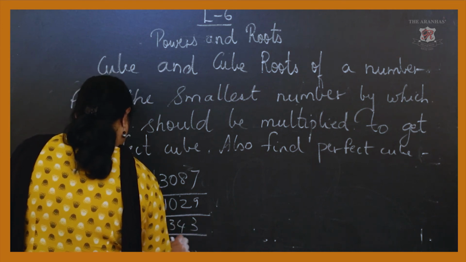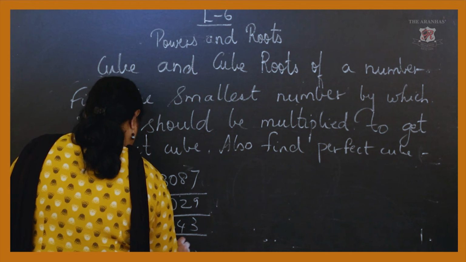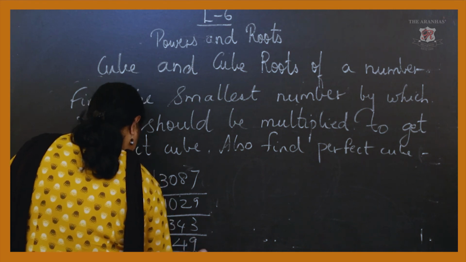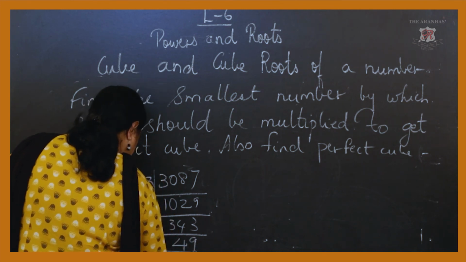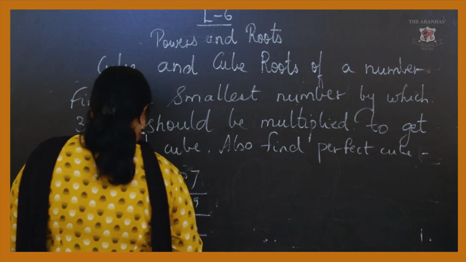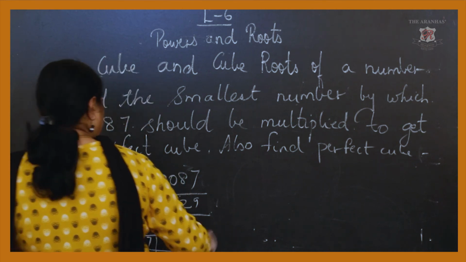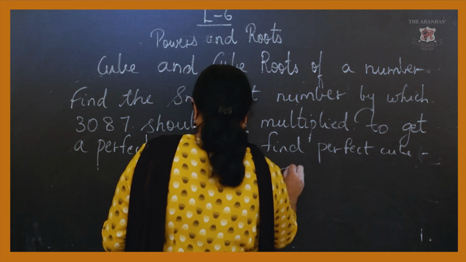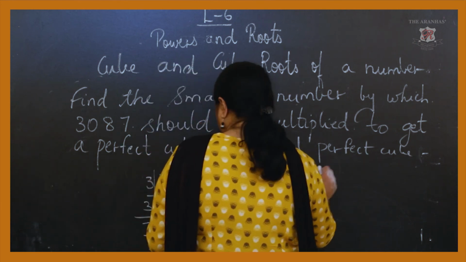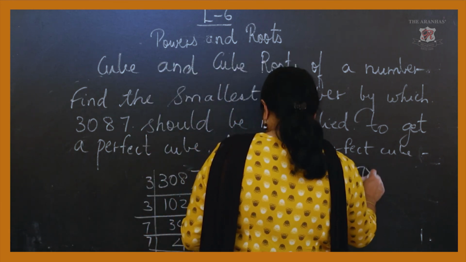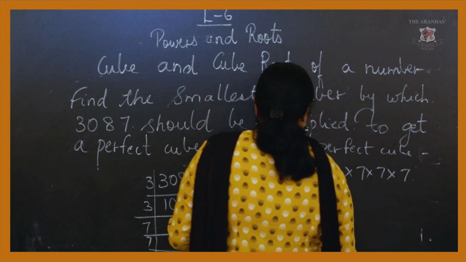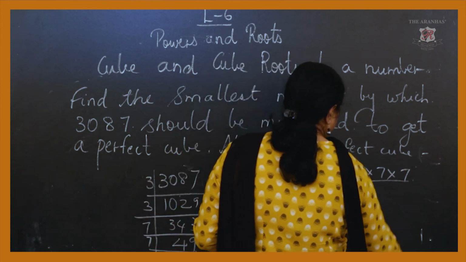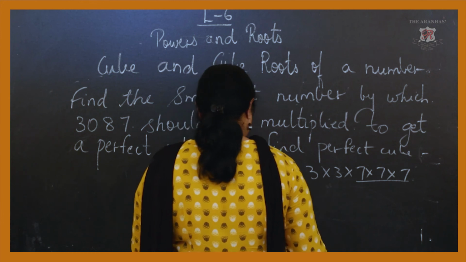Again 7 fours are 28. Again 7 sevens are 49, 7 ones are 7. Okay. So here 3087 is equal to what? 3 into 3 into 7 into 7 into 7. So here you have got 7 into 7 into 7, but for 3 you don't have.